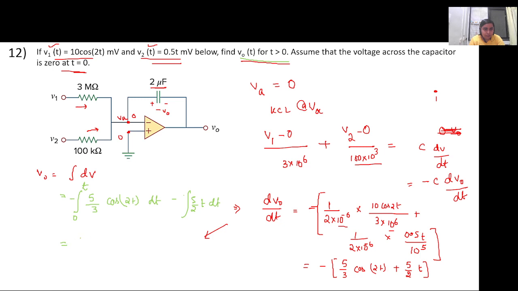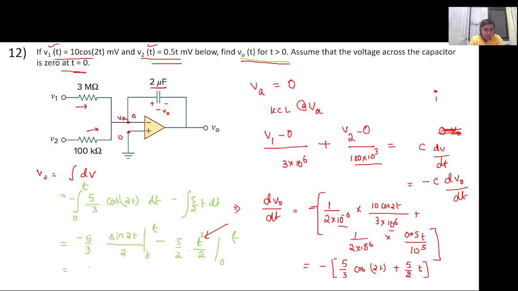Yes, ma'am. So it is 5/3 times the integration of cos of 2t, which is sine of 2t divided by d/dt of 2t, which is 2, from 0 to t. And 5/2 is a constant that will come out. Integration of t is t square by 2 from 0 to t.